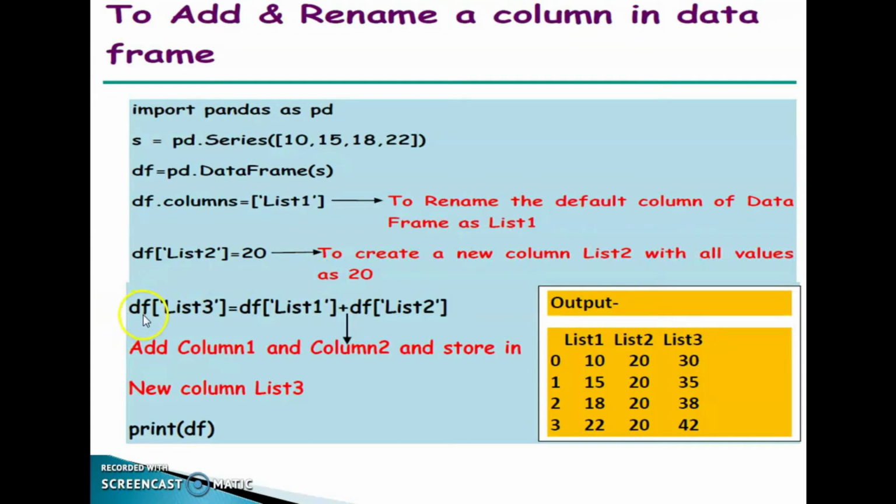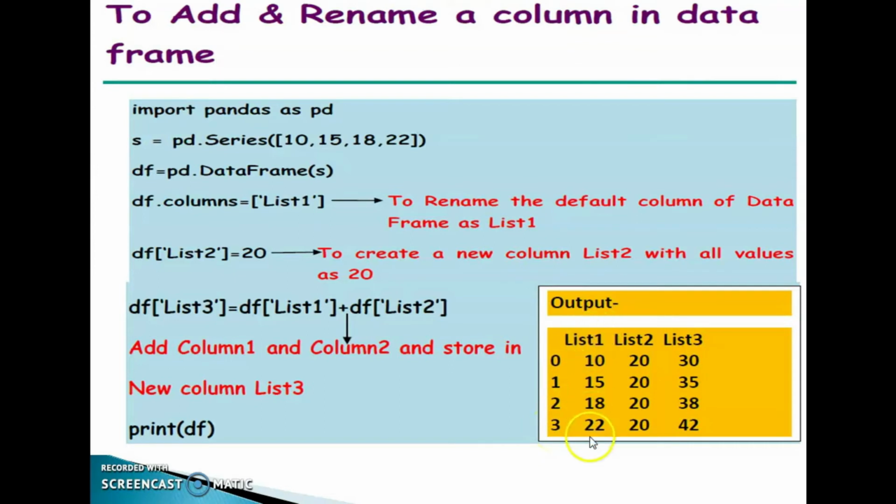Then another one, df list 3 is equal to df list 1 plus df list 2. Add column 1 and column 2 and store in the new column list 3. Print df. Check this output. List 1, list 2, list 3 with the 0th index, first index, second index and third index.